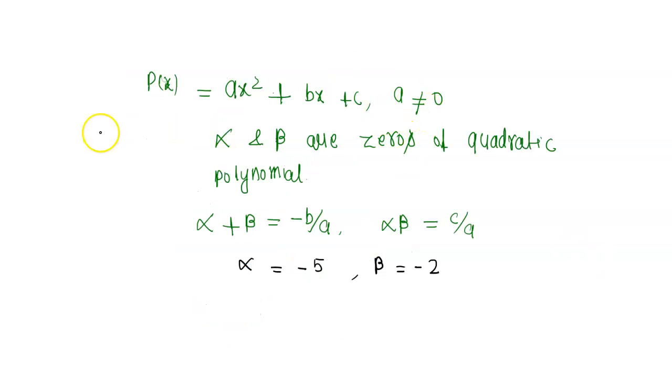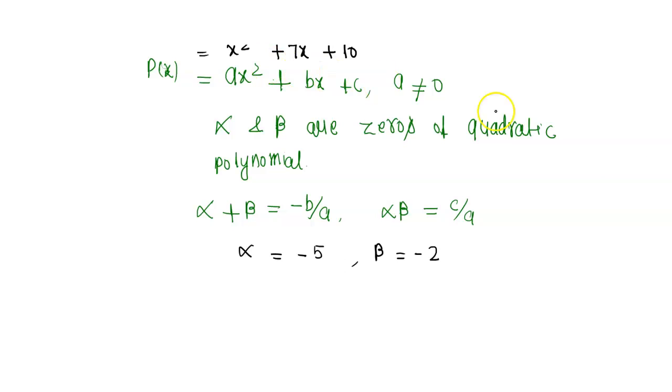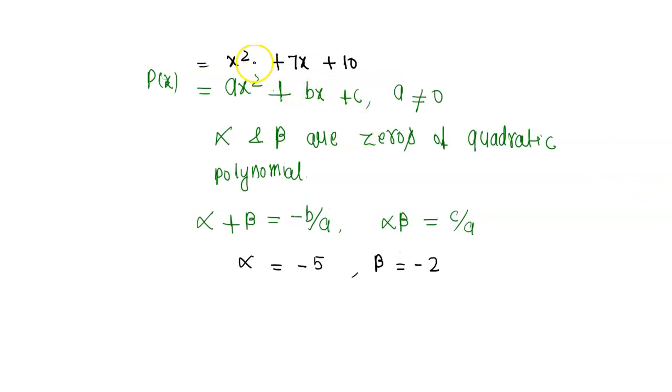This is x square plus 7x plus 10. After comparing, we find a equal to 1, b equal to 7 and c equal to plus 10.